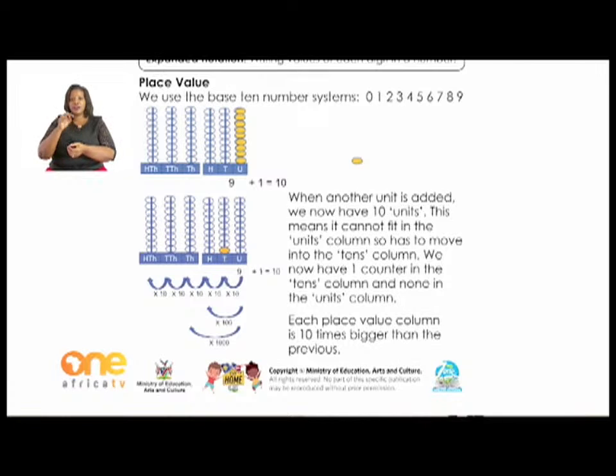If you look at the first picture, the diagram, you can see that it is an abacus, whereby at the bottom there are place values starting from the right to the left. I will repeat that again. Starting from right to left, we have units, tens, hundreds, thousands, 10,000s, and 100,000s.